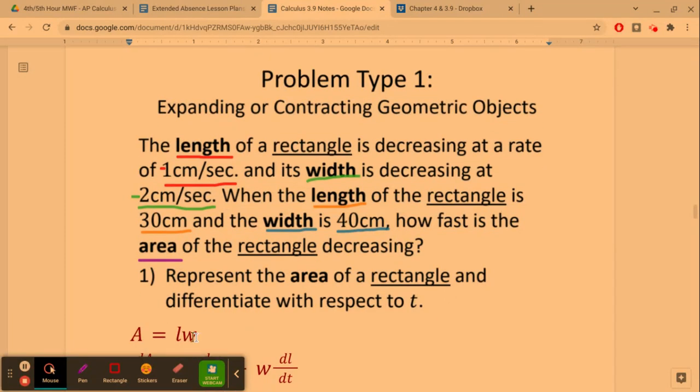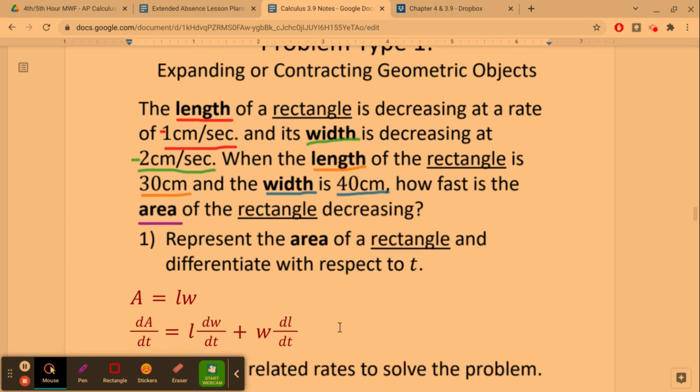Area is equal to length times width. All right, that's basic. All right, so now we take a derivative, and we need to remember to use product rule, right? Length times width, we would say dA/dt is equal to L dW/dt plus W dL/dt, okay?